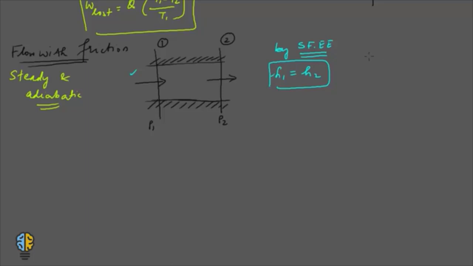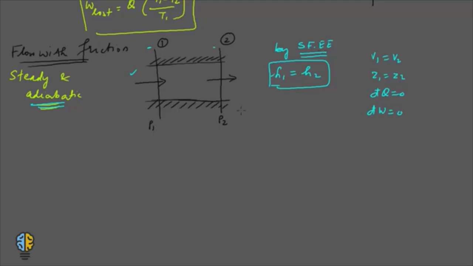Because the velocity heads will be equal, there is no change of area. The potential heads would be the same. There is no heat loss because it is adiabatic, and there is no shaft work involved, so this is also equal to 0. The only thing that is left is the enthalpy. So at both these sections the enthalpy would be the same.